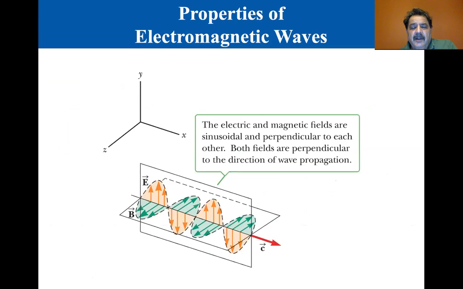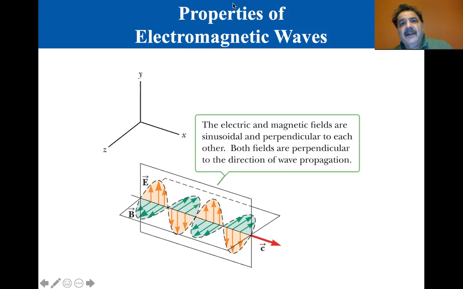So the fact that we have a changing E field and a changing B field, we get both the electric and magnetic fields are sinusoidal and perpendicular to each other. Both fields are perpendicular to the direction of wave propagation.